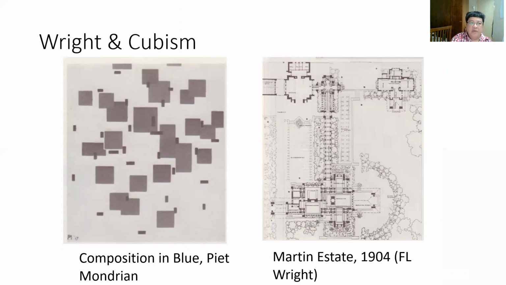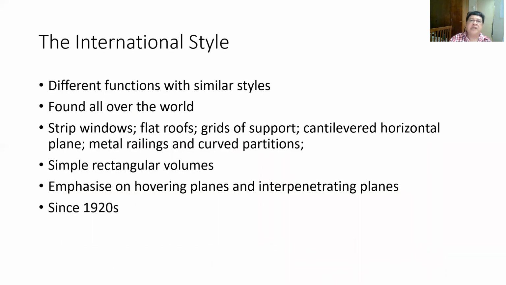So we see that Frank Lloyd Wright in 1904 in the Martin Estate played with the similar style and sentiments of what is happening in Europe in terms of asymmetrical and decomposition, you know, or rather going away from a centrality. So this leads us to the international style, which became pervasive globally thereafter.